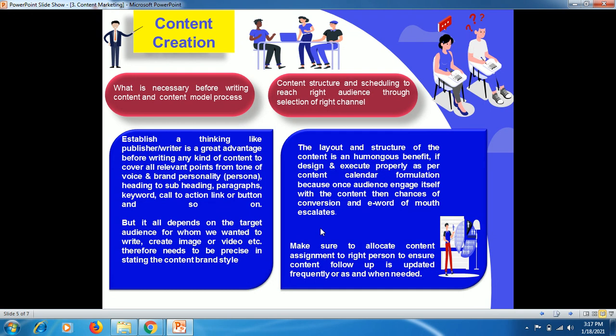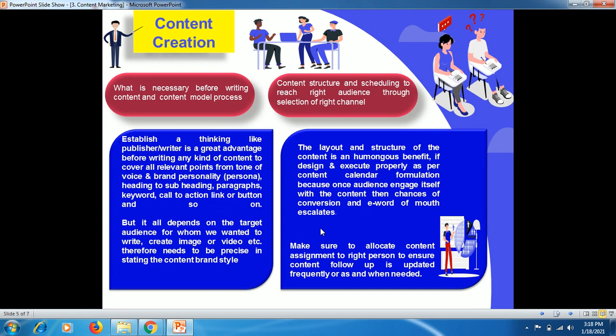It means if I'm providing this content today, then after a week or a month, our competitors may be doing something extra. So we have to keep engaging ourselves to provide fresh and very precise content. This will help you convert your audience into customers, and word of mouth will escalate your product sales and services.